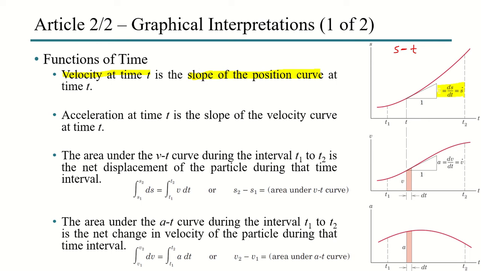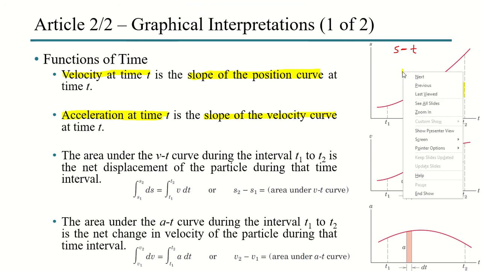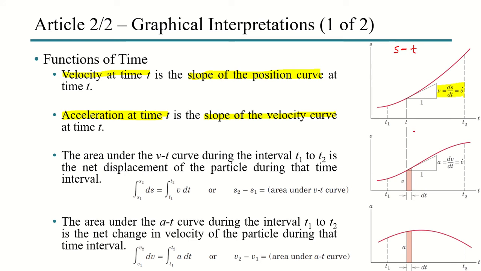And the acceleration at time t. Acceleration at time t is the slope, so this is also the slope of the velocity curve. This is our velocity curve, class, the next curve. So this is the velocity curve, or the v-t curve.